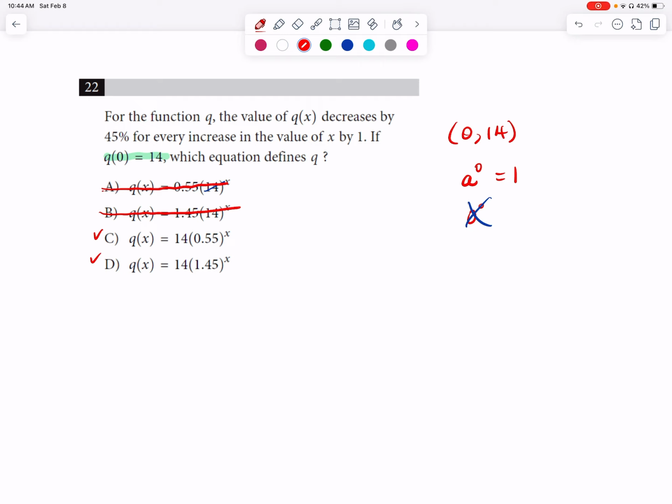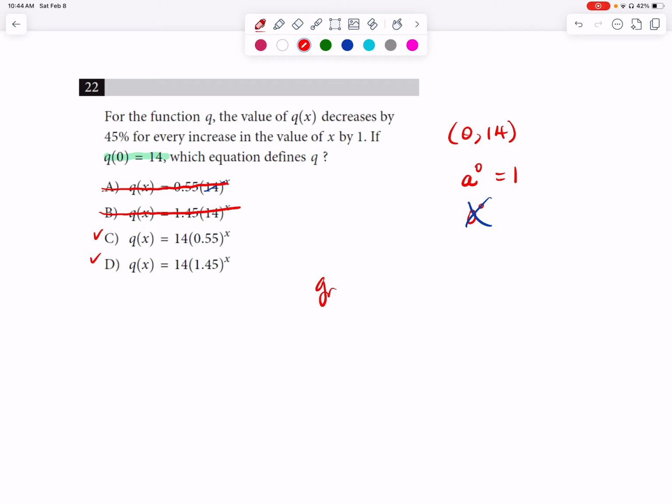Now, you can look at this and say, this thing is getting smaller. It's getting smaller because it is decreasing, as it says right there. And which of these bases makes something smaller? Well, you may remember from Algebra 1 the difference between exponential growth and exponential decay.